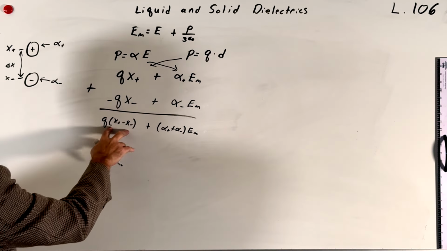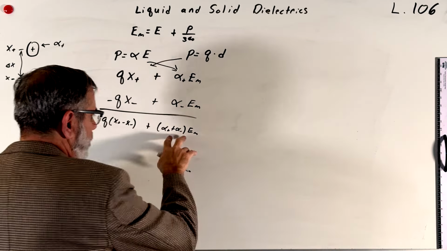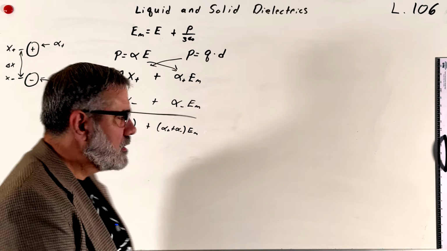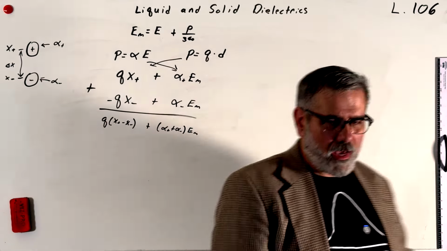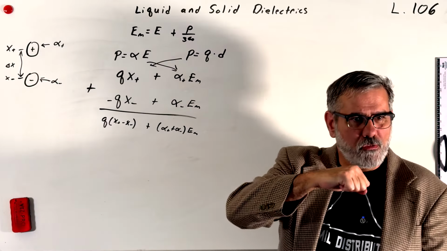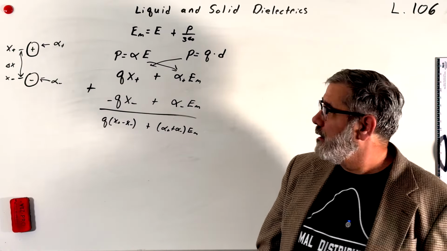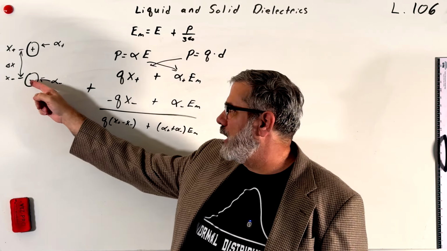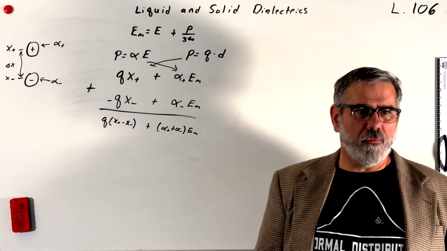You can see this is our dipole moment, and this is the dipole moment because of the molecular polarizabilities of the ions themselves. So I've taken into account not only the permanent dipole, because these ions are displaced, okay, and also the dipole moment that you get from the molecular polarizabilities of the ions themselves.